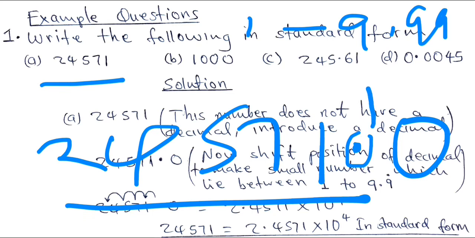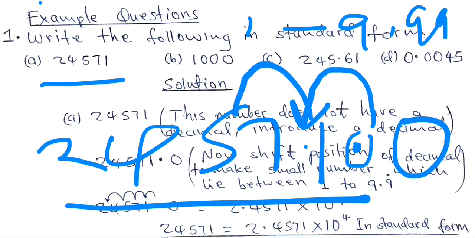I'm going to shift this decimal from here up to here. Let me read my number when the decimal is here. My number will be 2457. This is still greater than 10, it doesn't lie between 1 up to 9. So you have to shift it again. Now assume we have a point here. Read your number.